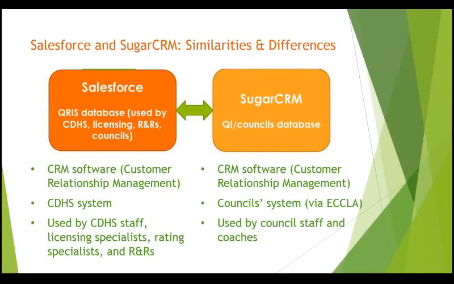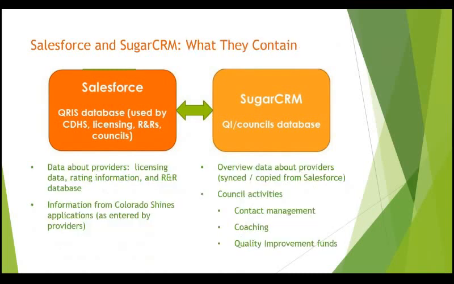So if that provider just made some changes on Colorado Shines and then they want to use ecConnect, they want to use Sugar, then we make sure that we have all their information, because it would be a little confusing if you're in one website and then you click to go to another website, but it doesn't have all the changes you just made. You'd have to wait till 3 o'clock the next morning before your changes update. So there's an on-demand sync to avoid exactly that. But there's also a nightly sync to make sure that all the information does get updated.